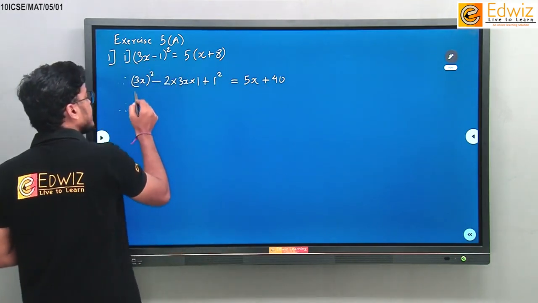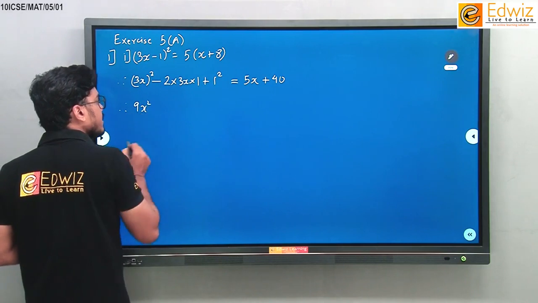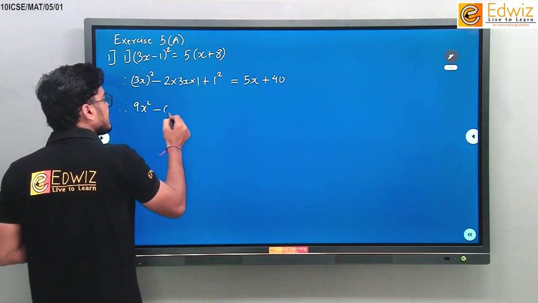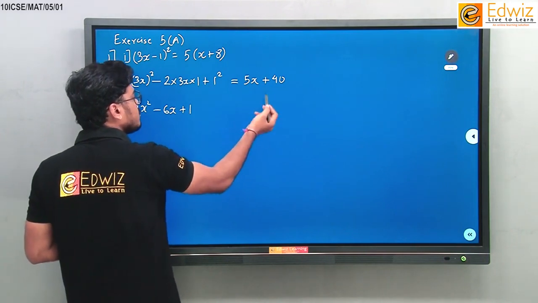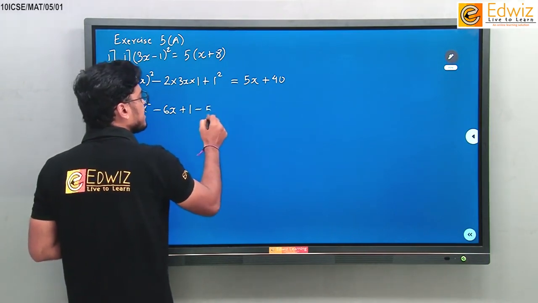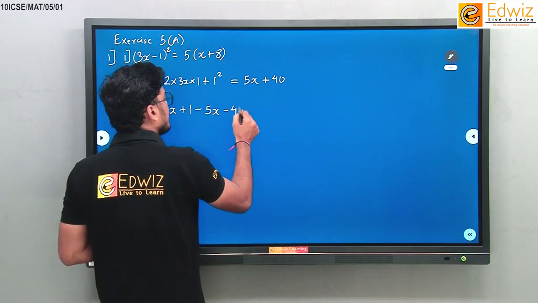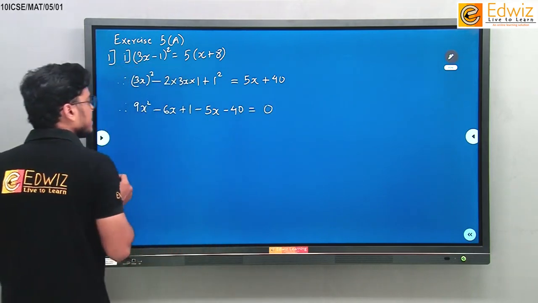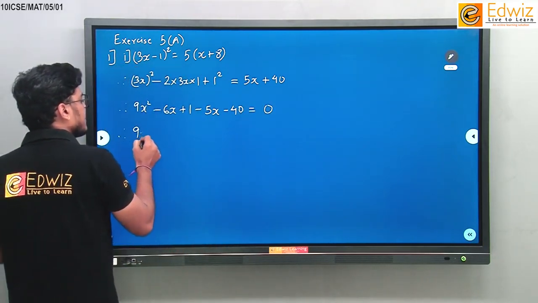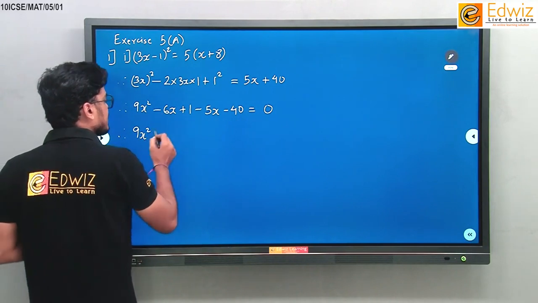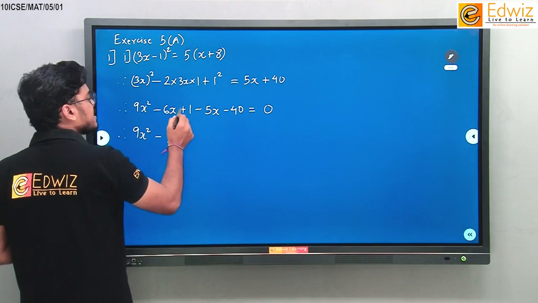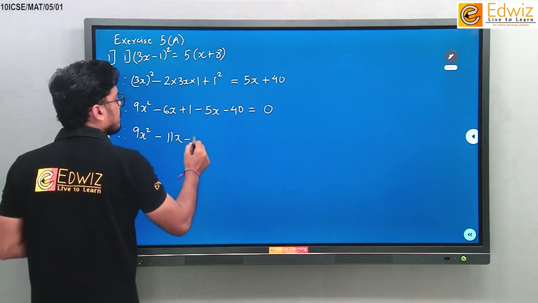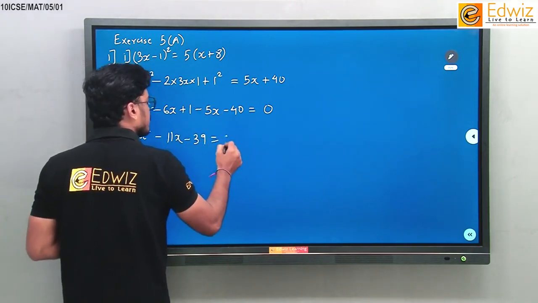So the equation here is 9x square minus 6x plus 1, and if we bring these two terms to the left side, minus 5x minus 40 equal to 0. Simplify it further: 9x square minus 6x minus 5x will become minus 11x, and plus 1 minus 40 will become minus 39 equal to 0.